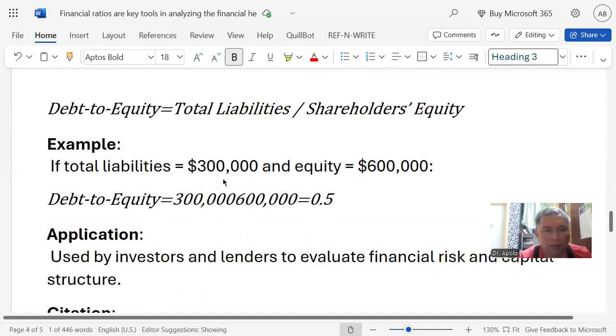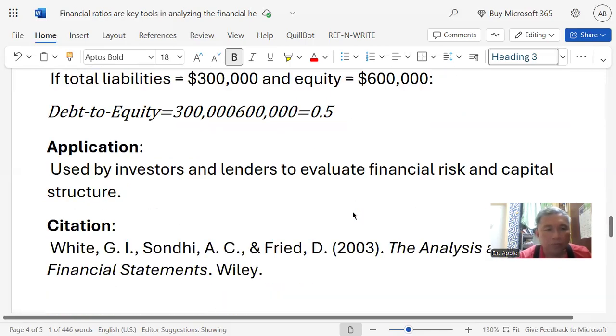If total liabilities are 300,000 and equity is 600,000, debt to equity is 0.5. That means somewhat okay. It is used by investors and lenders to evaluate financial risk and capital structure.